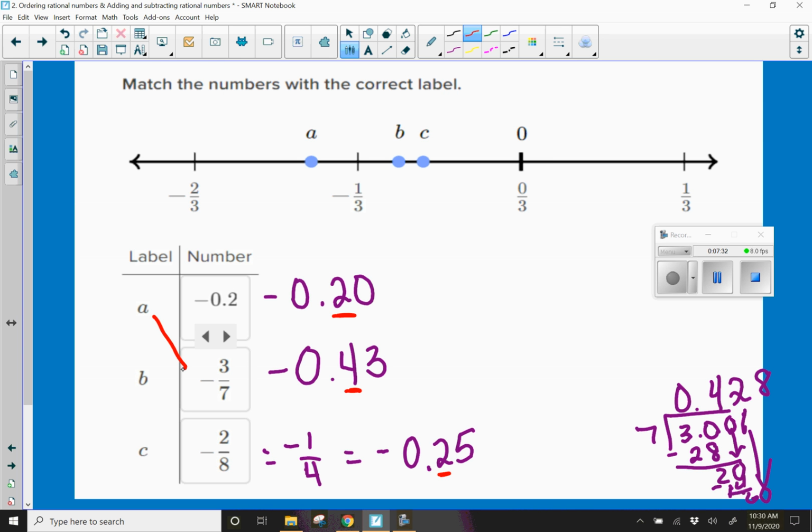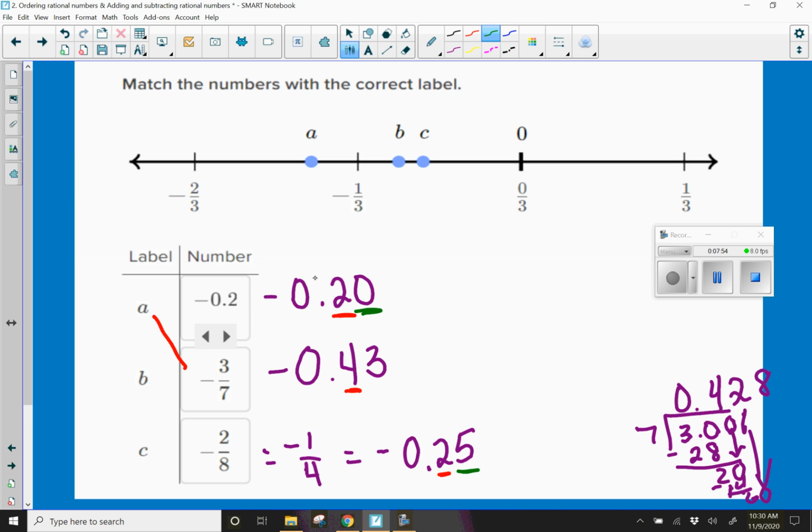And now we're comparing -0.20, -0.25. So out of those 2 numbers, which one will be closest to 0 on the number line? Well, if you think about it, we've got to look at our hundredths place. Let's do that in green. Remember, the smaller the absolute value is, the closer to 0 it is.